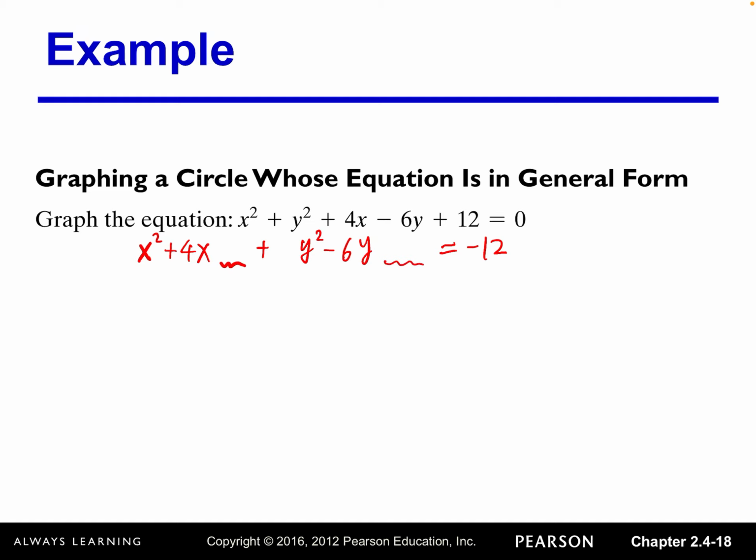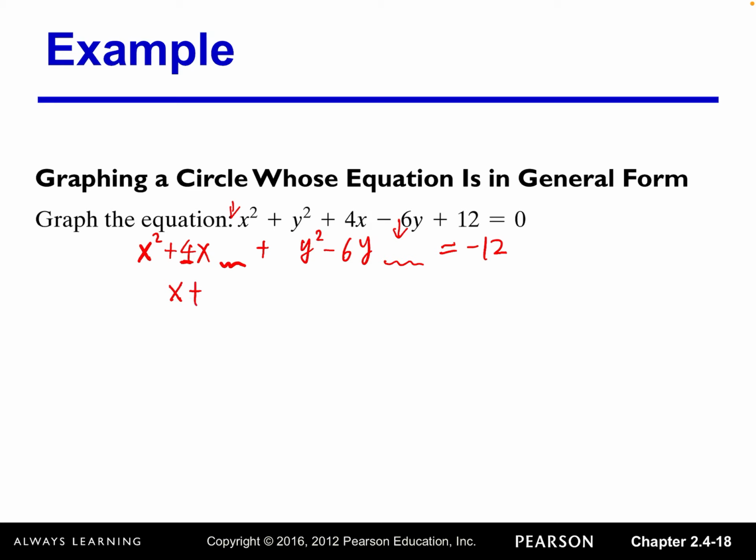We want to add some kind of constant here and here, in order to make this trinomial become a perfect square trinomial. So now how do we find what constant we need to add here? Remember, in completing the perfect square, the coefficient of the x first power is twice that constant.